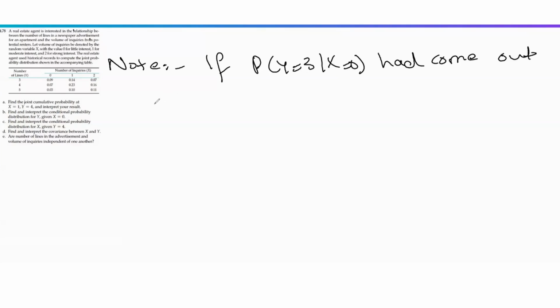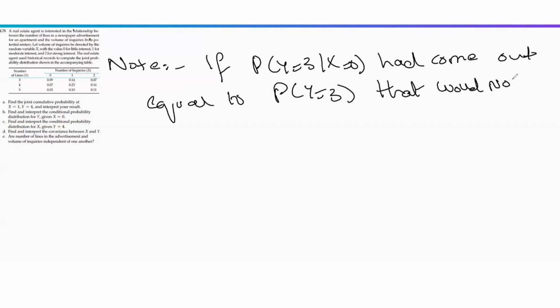If it had turned out to be the case that probability y is 3 given x is equal to 0 had come out equal to probability y is equal to 3, that would not have proved they're independent. Here it wasn't, so we said they're not independent.